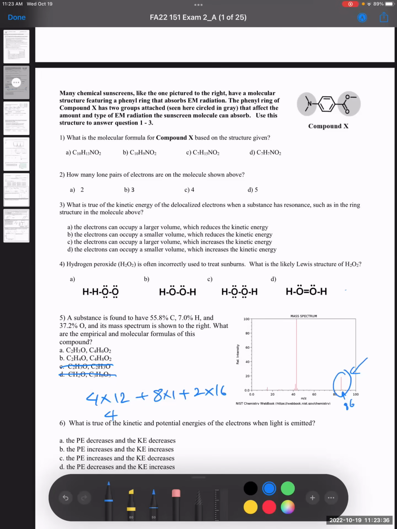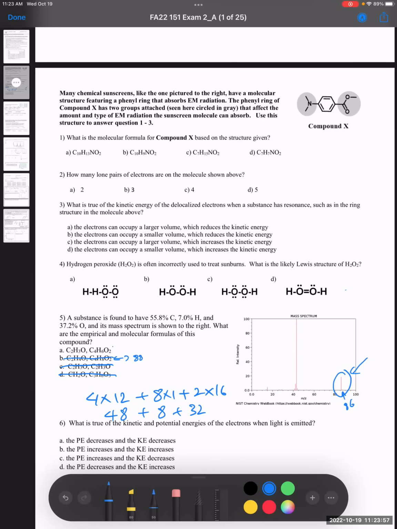We have 48 plus 8 plus 32. It's going to be 88, which is not 86. So for that reason, I would eliminate that as well.